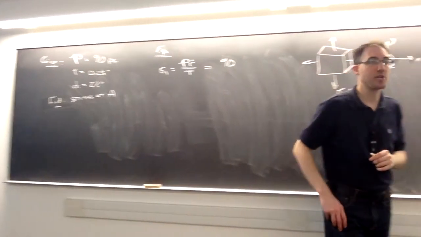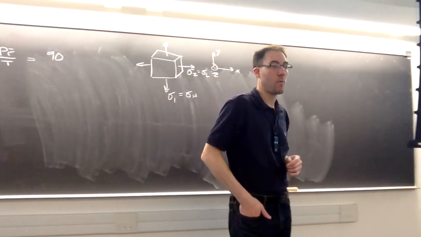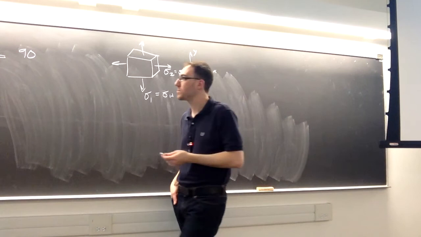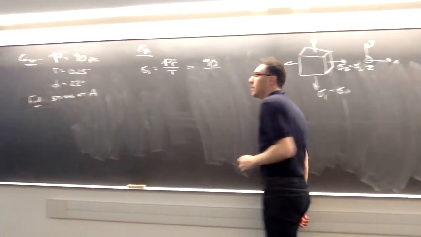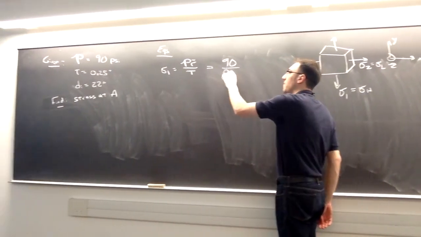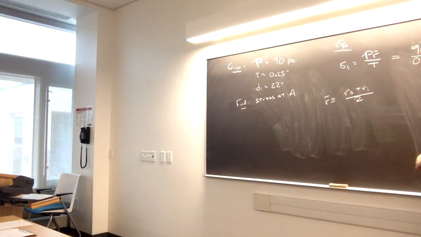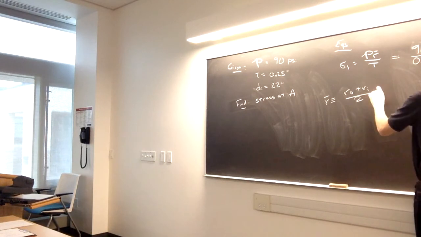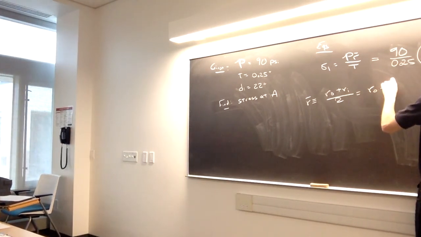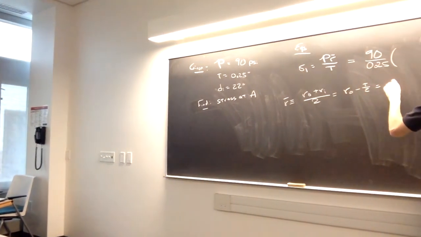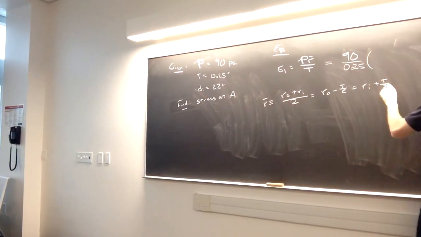Right, so our gauge pressure, 90 psi. We're working in pounds, we're working in inches. The wall thickness is 0.25. The mean radius is the average of the inside radius and the outside radius. But we can also say it's the outside minus t over 2, or it's the inside plus t over 2, radius-wise.